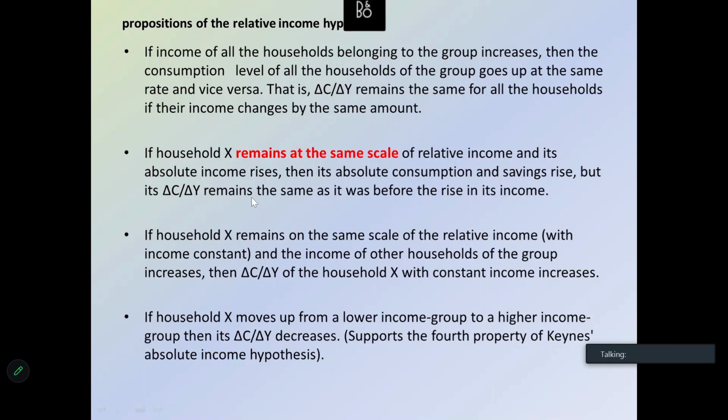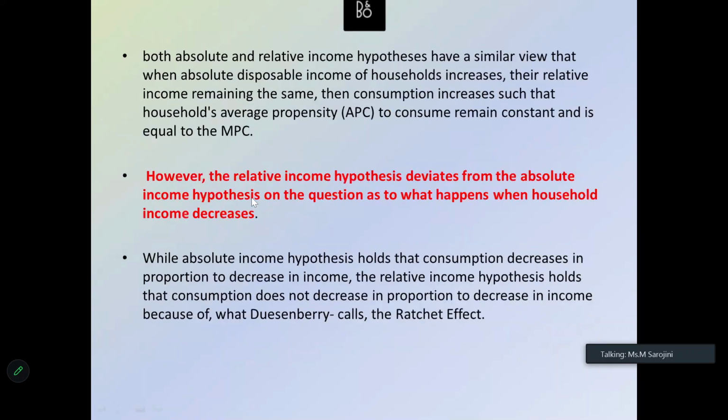Right. Here again, both the absolute and relative income hypotheses have a similar view: when the absolute disposable income of the household increases, their relative income remains the same. Then consumption increases such that the household's average propensity to consume remains constant and is equal to the marginal propensity.